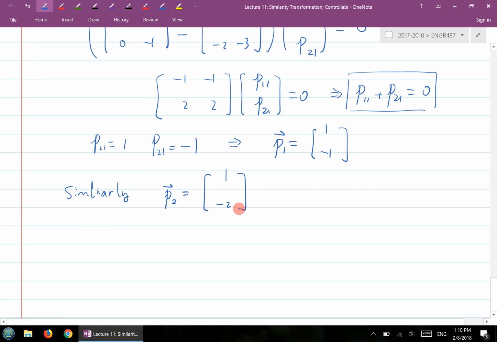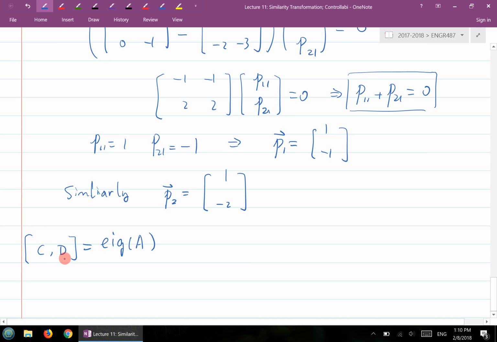P2 will be 1 over -2. If you choose MATLAB, there's a command called EIG, and if you feed this command with the matrix A, you can let it return two parameters. One is the eigenvalue, and the other is the eigenvector.